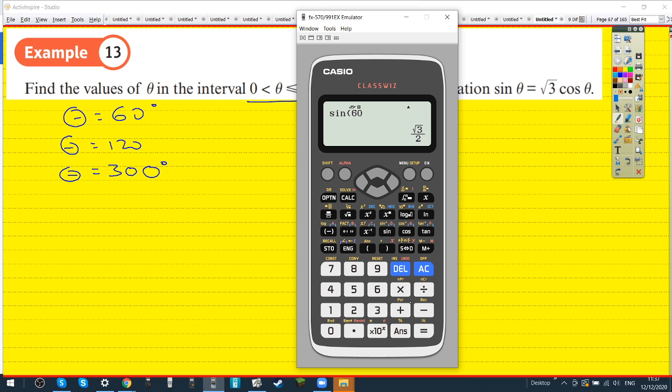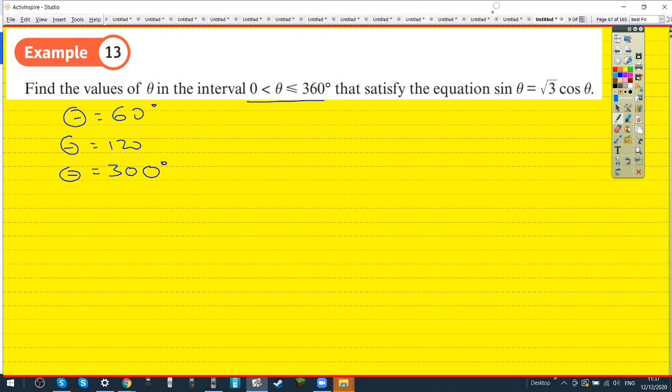And then cos of 60 should be a half, which times root 3 would be the same thing. Now let's try sine 120. What is cos? Oh, I see what's happening here. Cos 120 is going to be negative. Yes, so that's the difference. We didn't do too badly. So the calculator gets limited after a while.